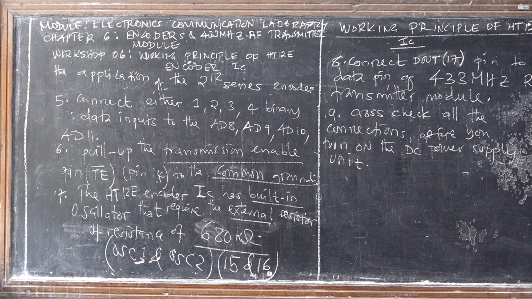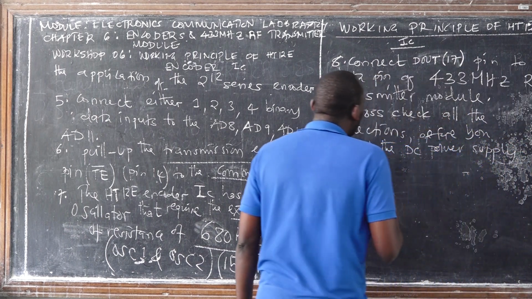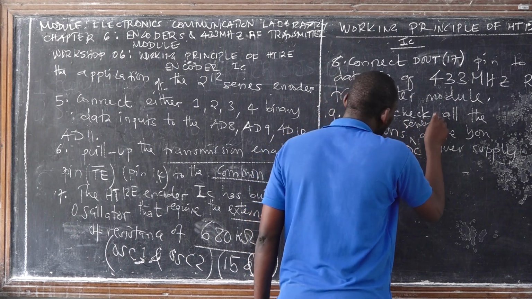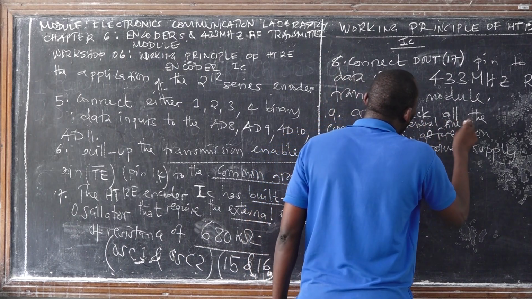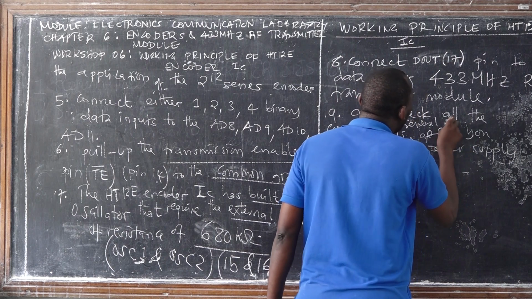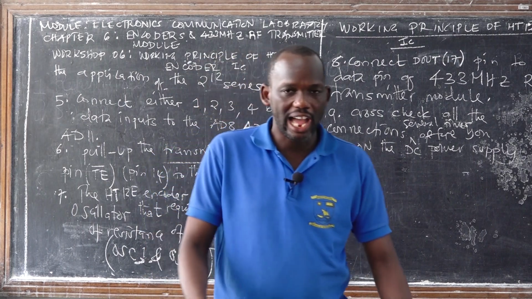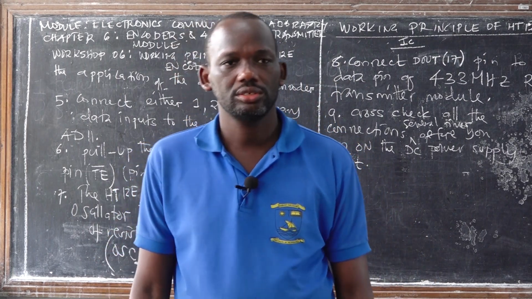Sometimes, if you cross-check and you see it is fine, you can give your friends to cross-check for you also. Turning on the power supply will be the last step, after you are sure about your connection.